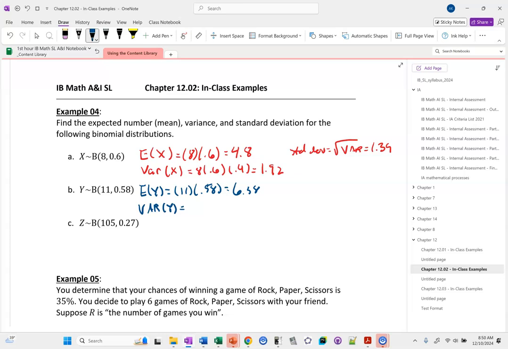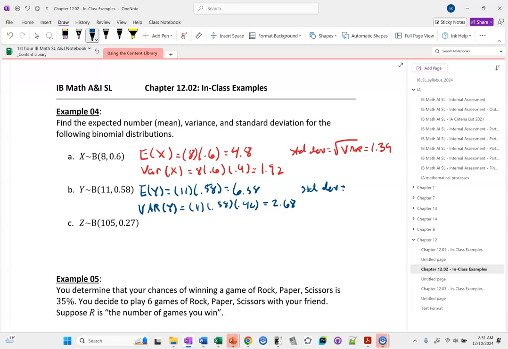Yeah, David. So for the first problem, where did the 0.4 come from? That's the probability of failure. So would it be 11 times 0.58... Well, it'd be 0.32, but yes. Oh, no, 4.2, I'm sorry. Yes, that's correct. So what do we get? We get 2.68-ish there.